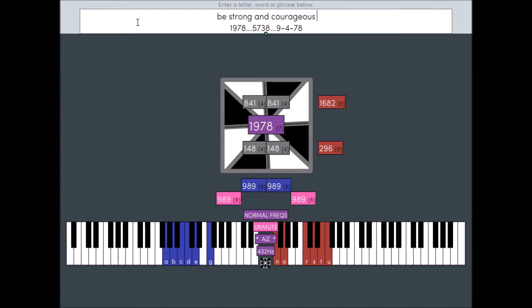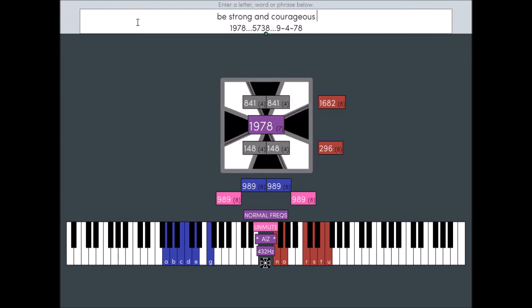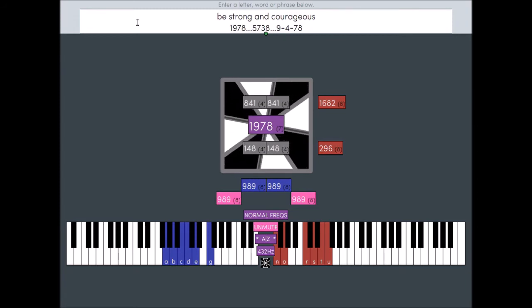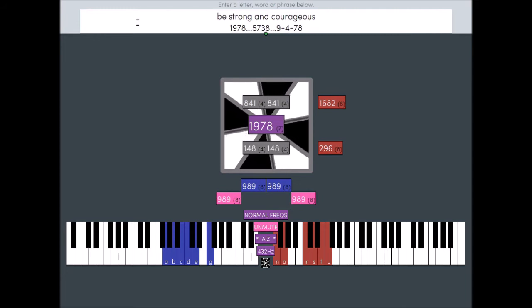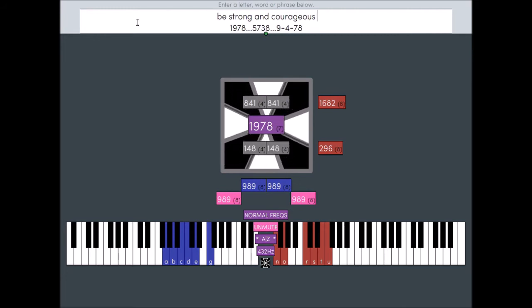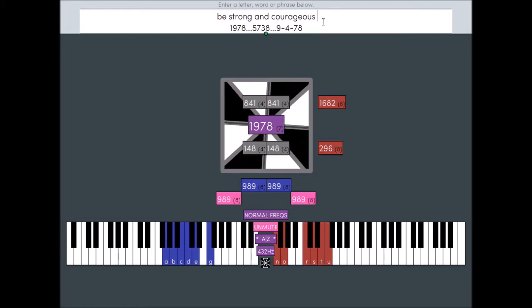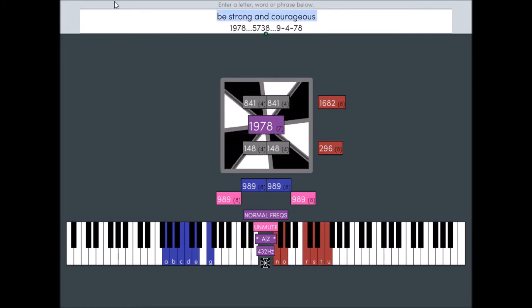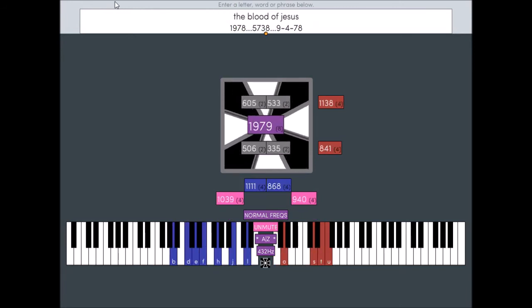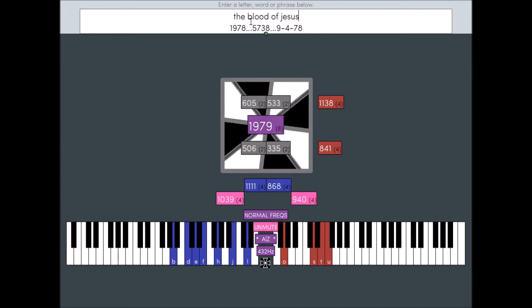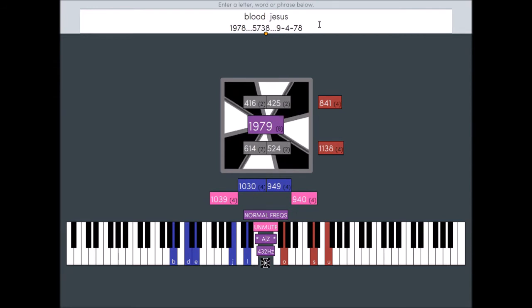So all of these phrases here cover the Abrahamic covenant that's gone down into Israel, into David, into Jesus, the blood of Jesus.